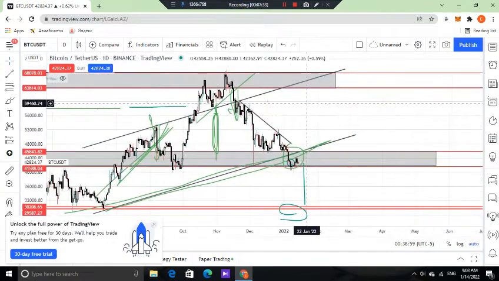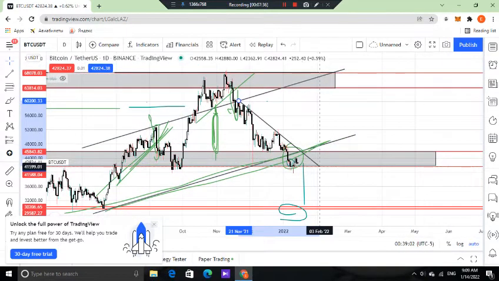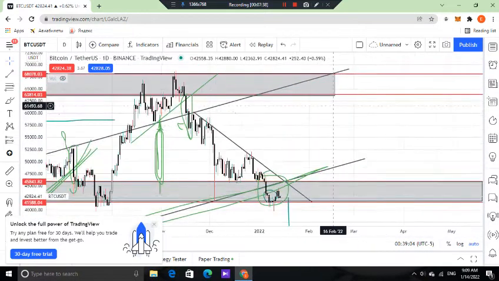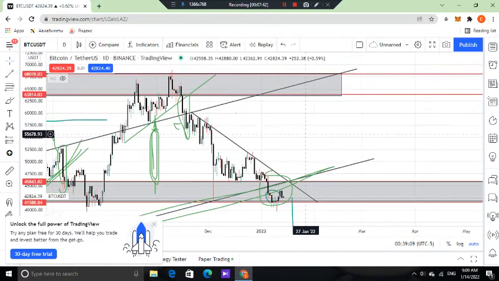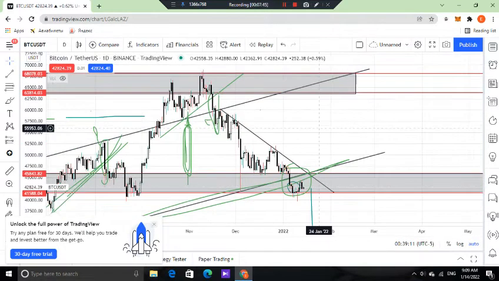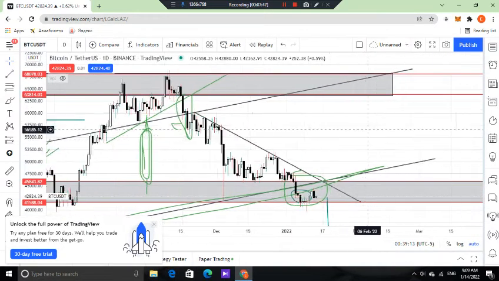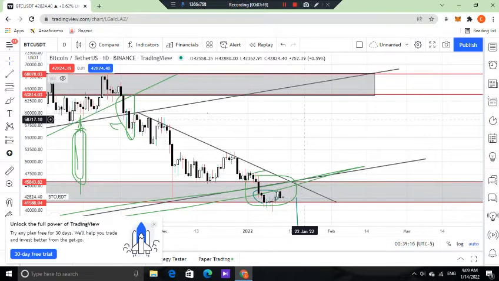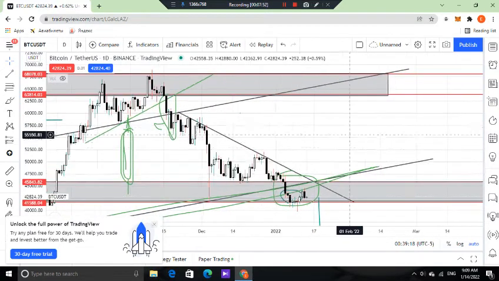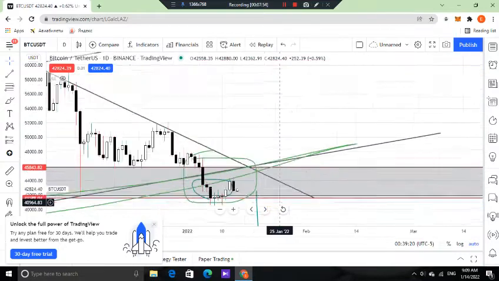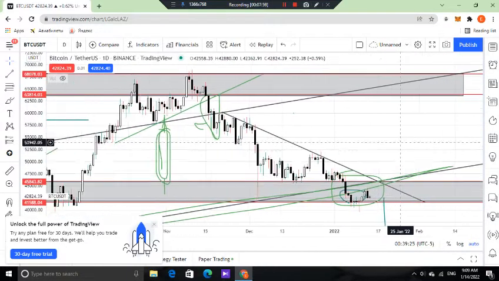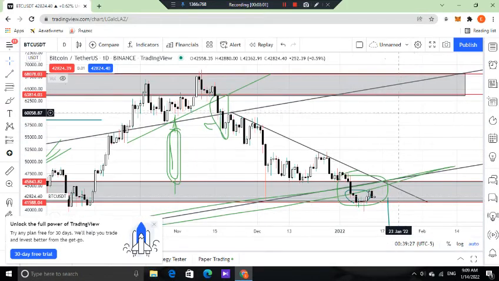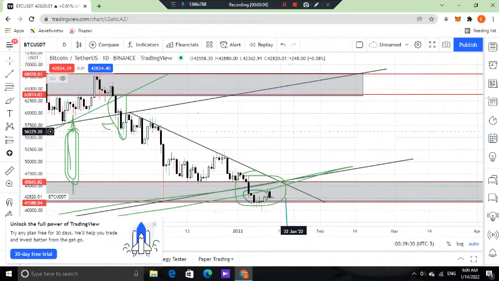But what about now? What do we have here? Okay, we definitely have this bearish trend, bearish movement, but we also have these weak candles, and we also have this small pullback.